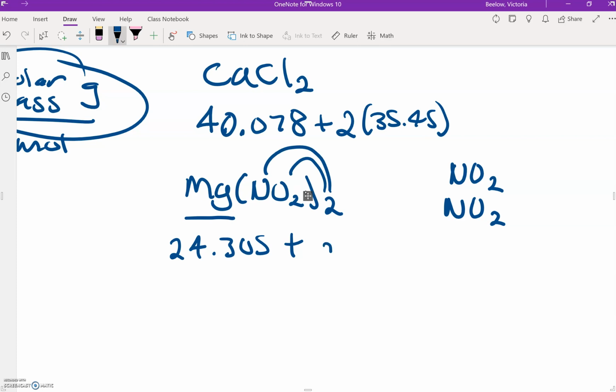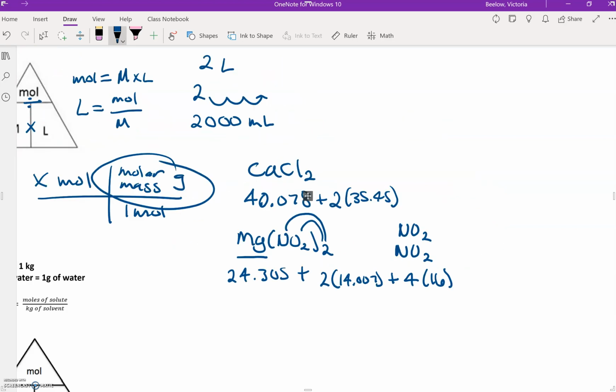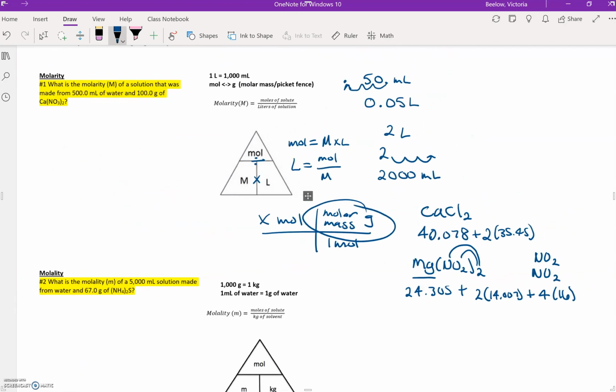So this means that you have 2 nitrogens, which is 14.007, plus 2 times 2 is 4, and you have 4 oxygens total. So that's a little reminder for how to do those molar mass calculations. So make sure you do the example problem number 1 for molarity.